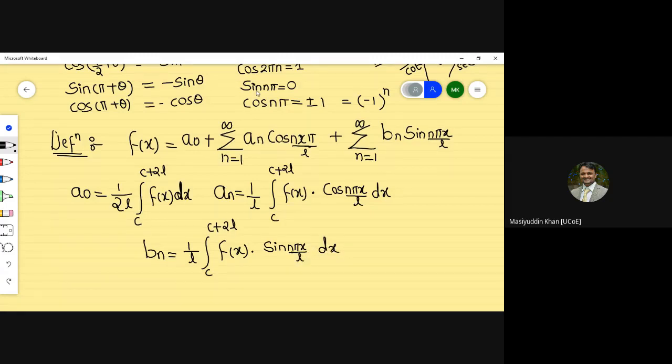So this formula is known as the Fourier series.